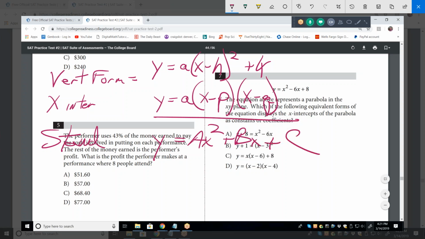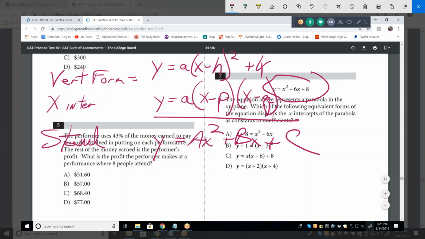That's what this one is in standard format. Usually when you're presented with a quadratic, it's in standard format, and you have to do something to get it into either vertex format or x-intercept format. And usually it's factoring it. Well, at least factoring it gets it into x-intercept format.